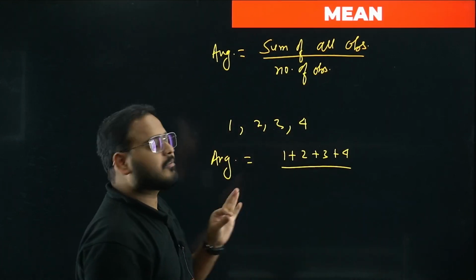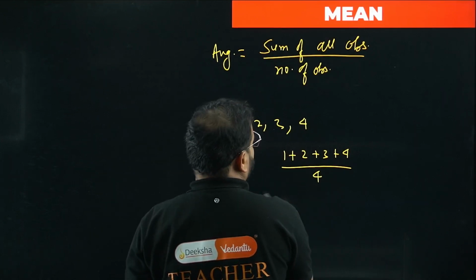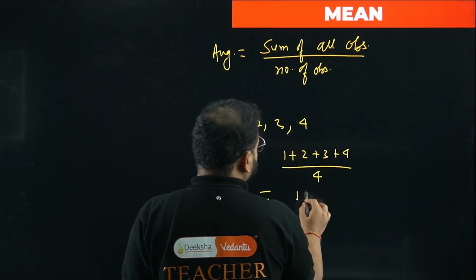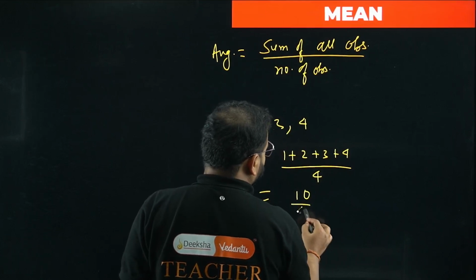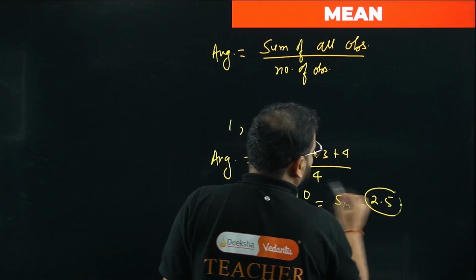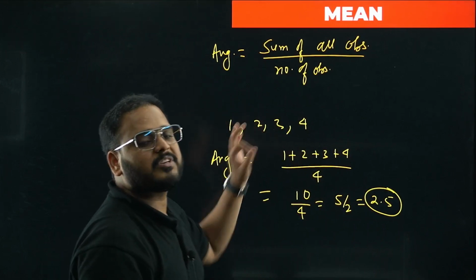Total of 4 observations are there, so divide by 4. 3 plus 1 is 4, plus 2 is 6, plus 4 is 10. 10 by 4 is 5 by 2, which is 2.5, the average of the observations given like this.